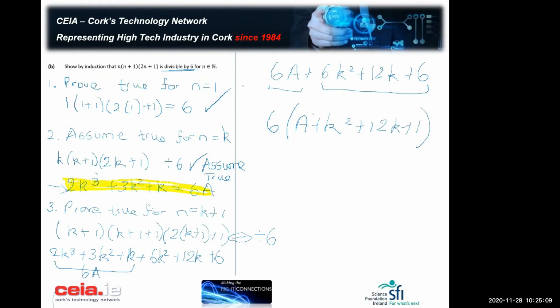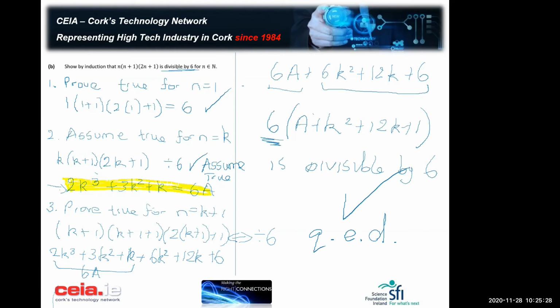Is that divisible by 6? Yes, it is, because it's all multiplied by 6. So it is all divisible by 6, which is QED, which is what you write when you've proven something.